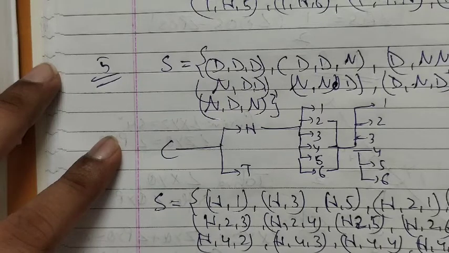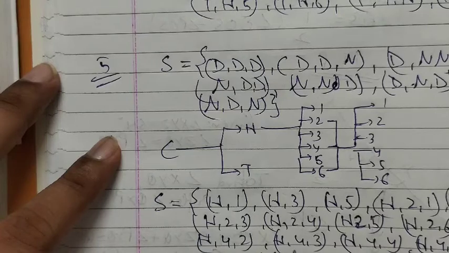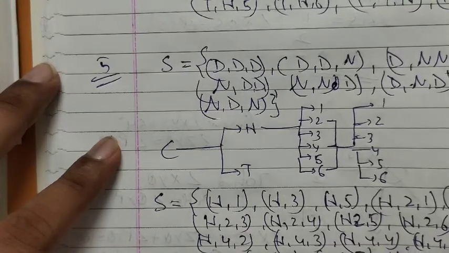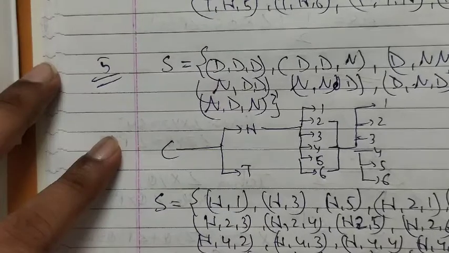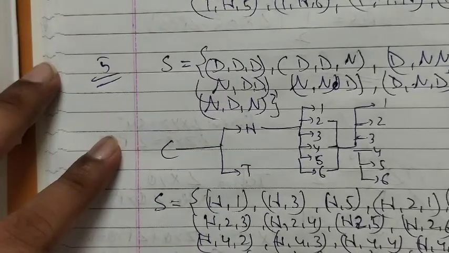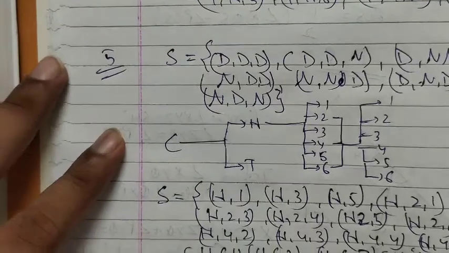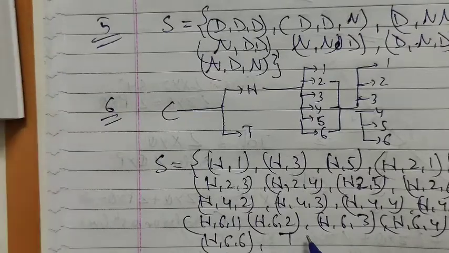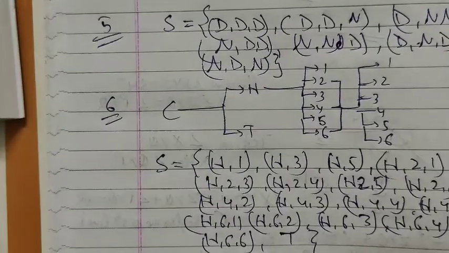If 6 occurs: head 6, 1; head 6, 2; head 6, 3; head 6, 4; head 6, 5; head 6, 6. If tail occurs on the first coin, nothing will happen. So these are all the possible outcomes.